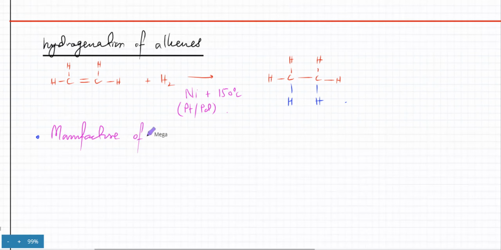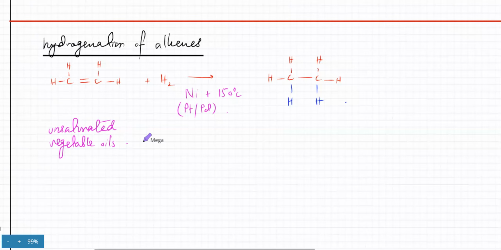I'll explain what happens when margarine is manufactured. You had unsaturated vegetable oils, which means these are your natural oils, mostly seed oil, like sunflower oil.